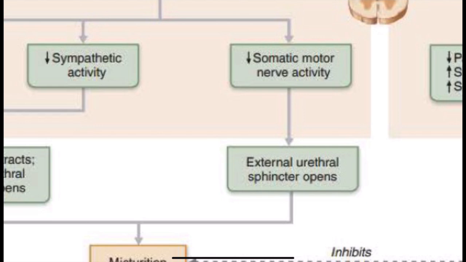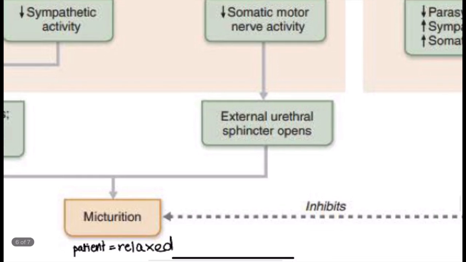That means it gets signals from the brain via this system. So when the activity of this system decreases, the signals to the external sphincter are reduced, and the external sphincter is going to relax.